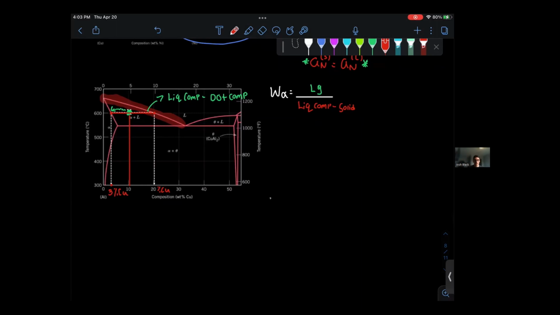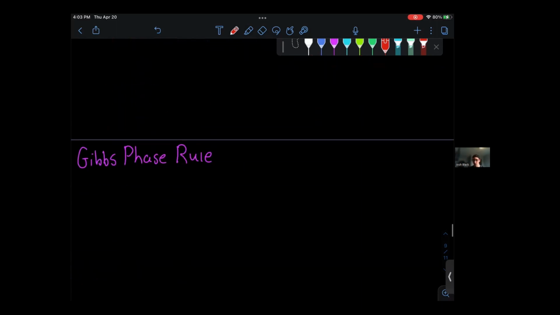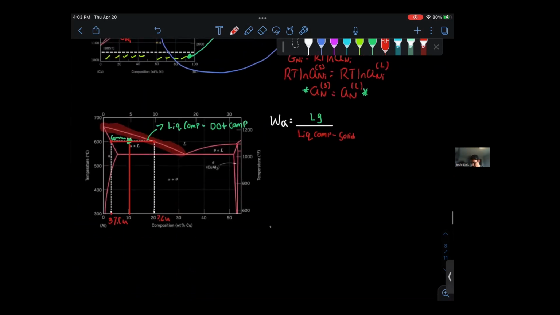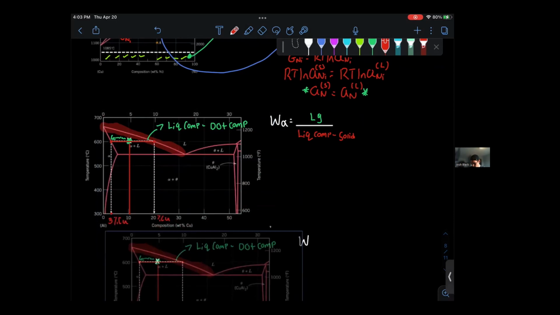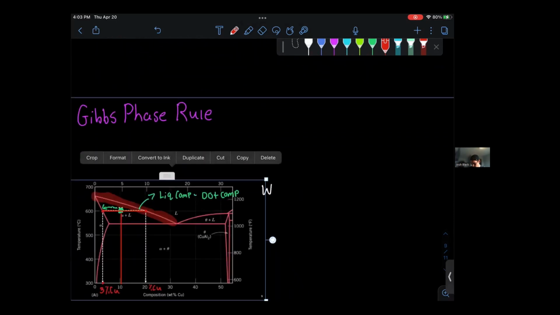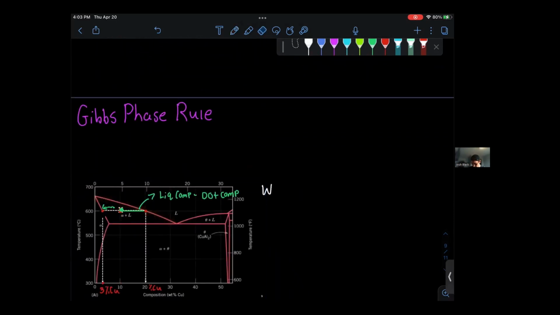From here, let's talk about the Gibbs phase rule. I'm going to use this graph again. The Gibbs phase rule tells us how many degrees of freedom we have in our system, how many variables we can change while staying in one phase.